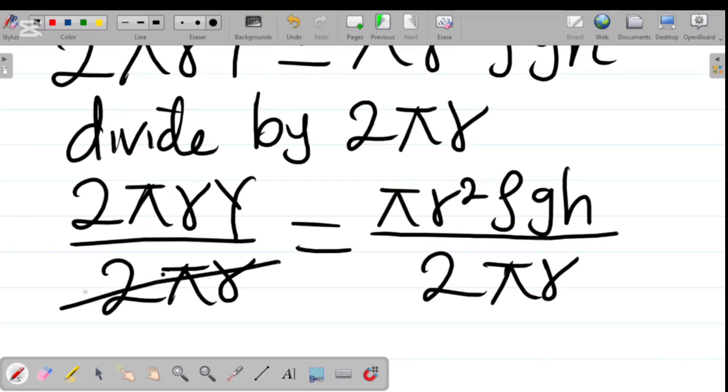So here 2 pi r cancels 2 pi r, and then pi cancels pi. R here, 1 is left.